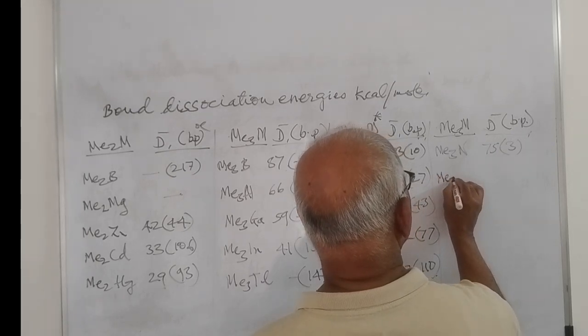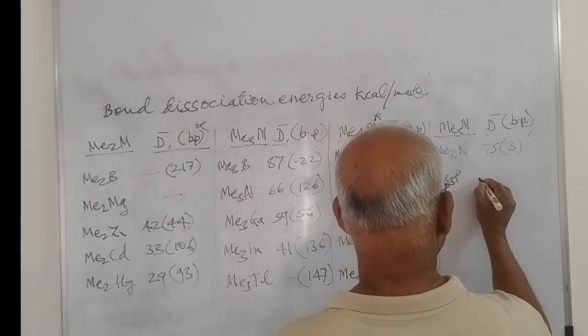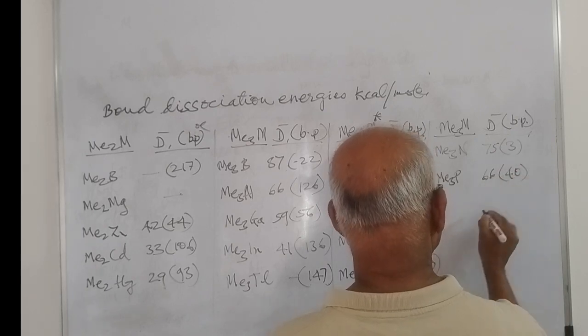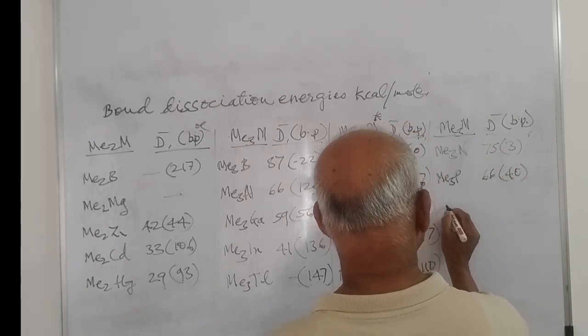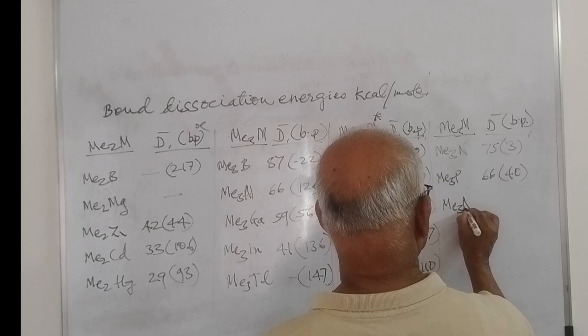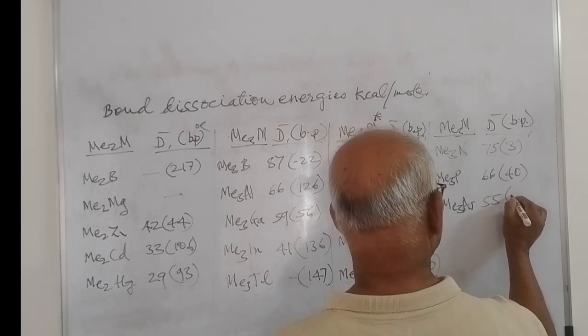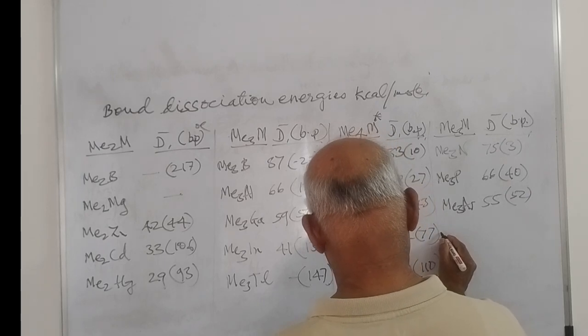Me3P has 66 kilojoules per mole, 40 degrees centigrade boiling point. Me3As has 55 kilojoules per mole, 52 degrees centigrade boiling point.